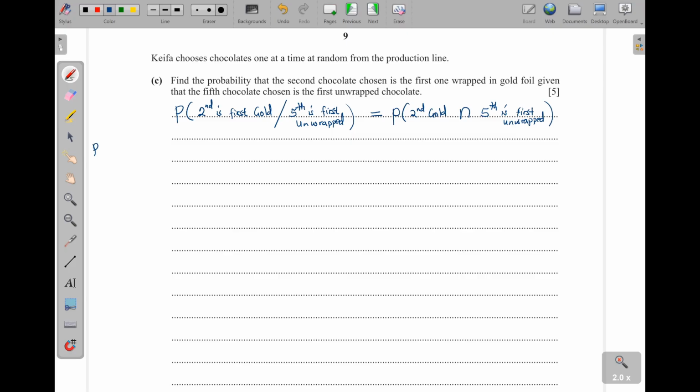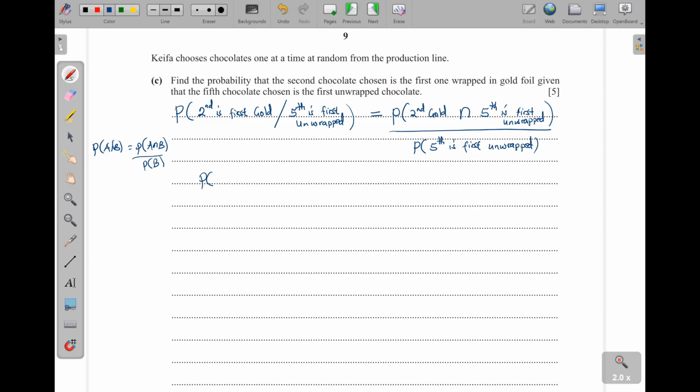Just like you can have probability of A given B, which is the same as probability of A intersection B, then divide by probability of B. So then I will divide by the probability of the fifth being the first unwrapped.